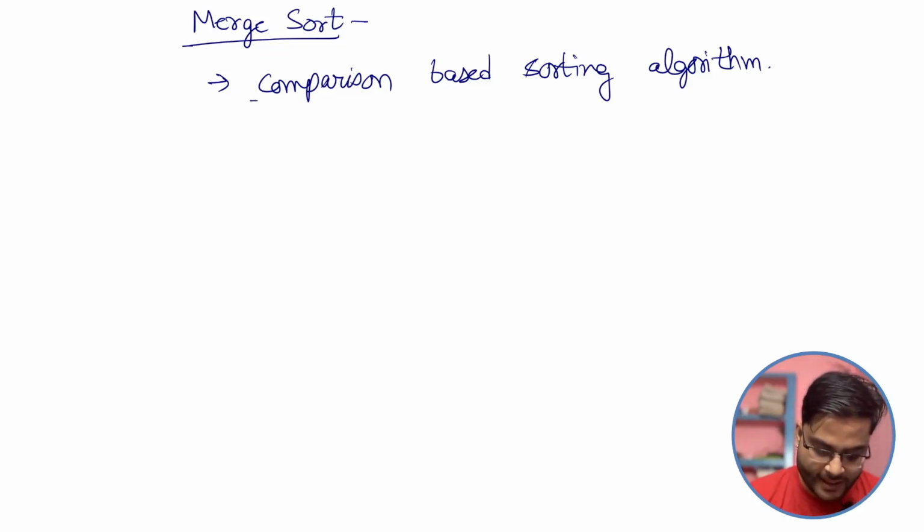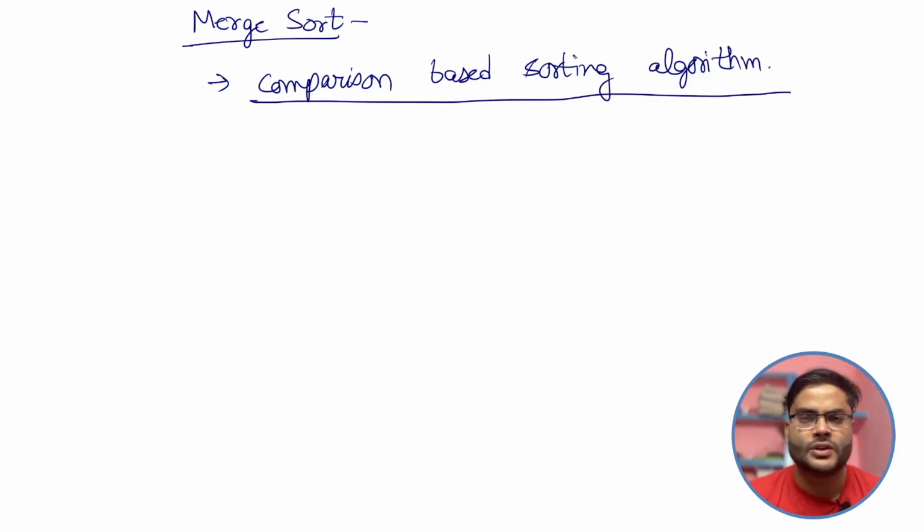We have two types of algorithms: one is comparison based and one is non-comparison based. Comparison based algorithms cover merge sort, quick sort, heap sort, insertion sort, bubble sort, selection sort. Non-comparison based includes bucket sort and radix sort. So merge sort is a comparison based sorting algorithm.